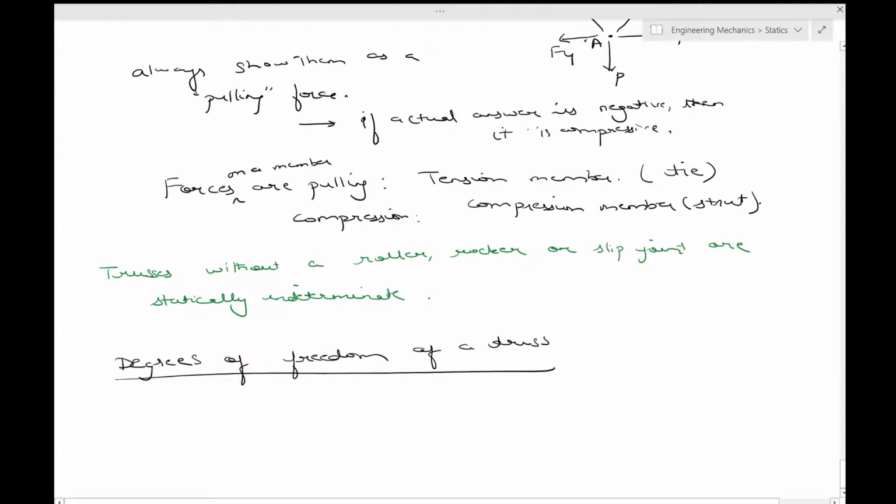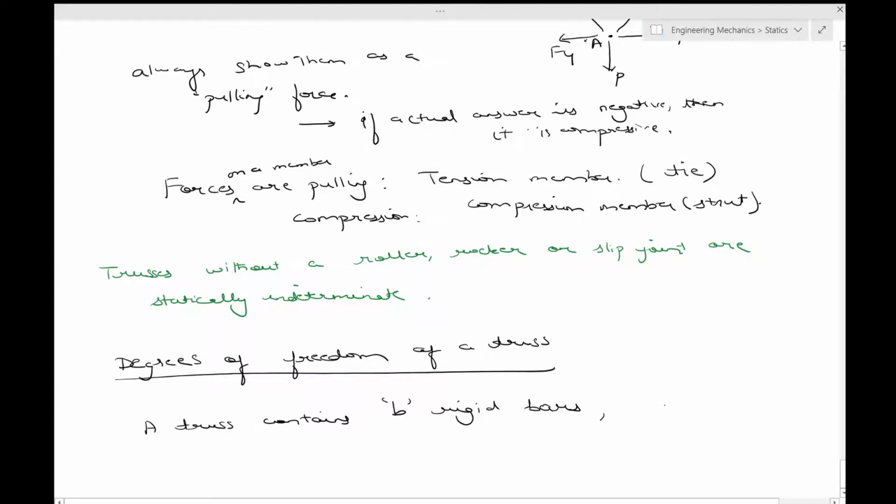Okay, now say a truss contains B rigid bars. B is the number of rigid bars.